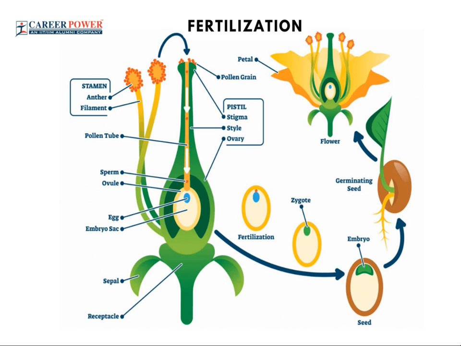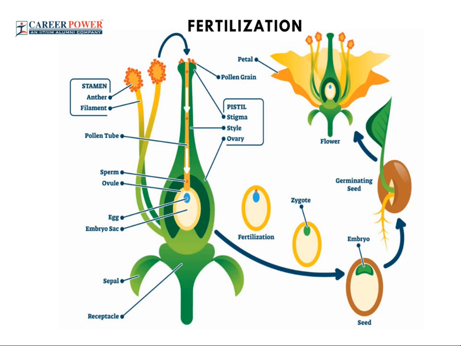This is called fertilization, the fusion of the male nucleus and the female nucleus to produce a zygote. This zygote grows into another plant. After fertilization, the ovule develops into a seed and the ovary develops into a fruit.